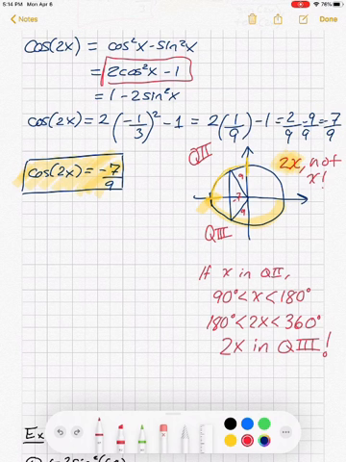So that means the triangle that I'm dealing with is this one here, right? In other words, the y is negative.